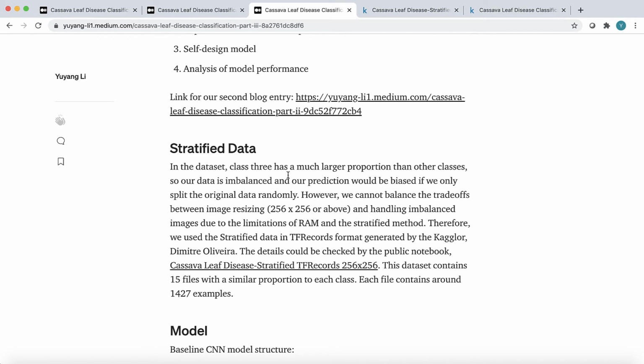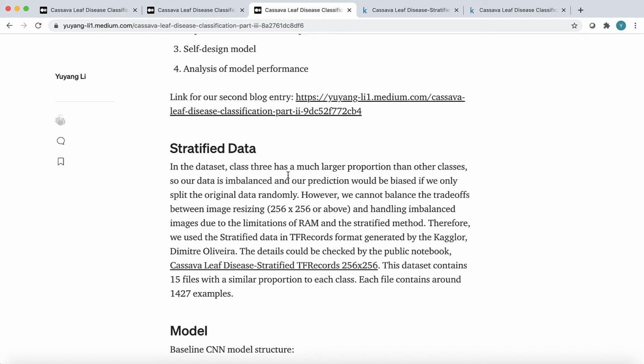However, we cannot balance the trade-offs between image resizing and handling imbalanced images due to the limitation of RAM and the stratified method. For example, we could at most resize the image to 128 times 128 with stratified data splitting, but the larger the image size is, the more information is preserved and the more accuracy would be reached by the algorithms.